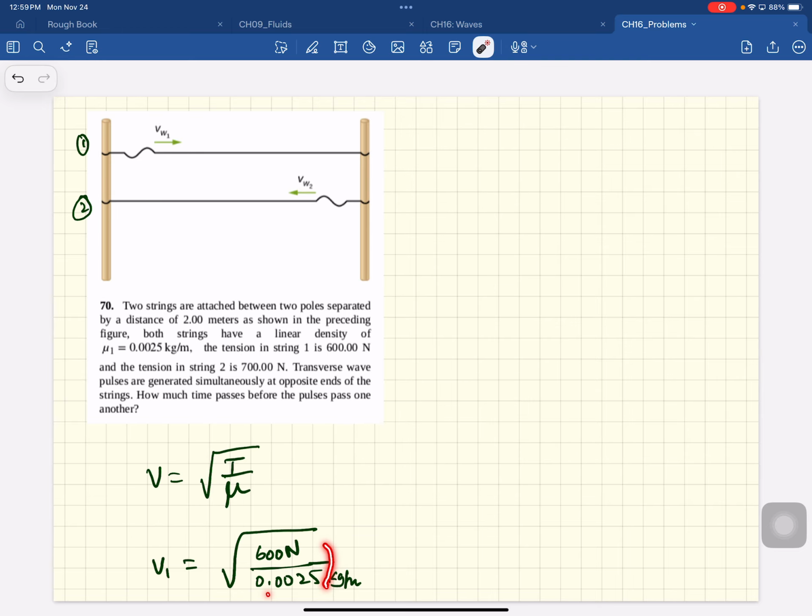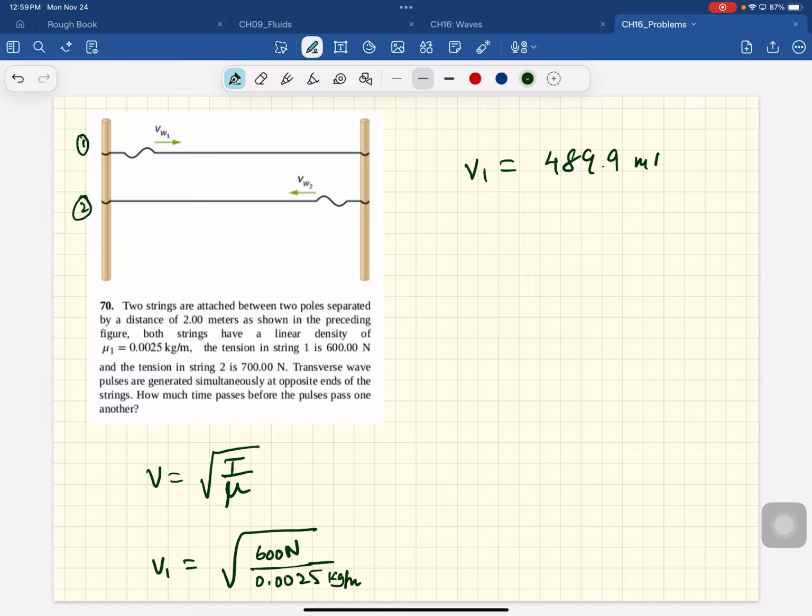The 10 to the minus 4 comes to the top, and then the square root of that would be 10 to the 2. So 600 divided by 25. So V1 is 489.9 meters per second.